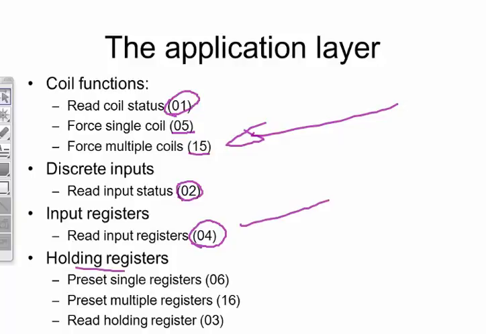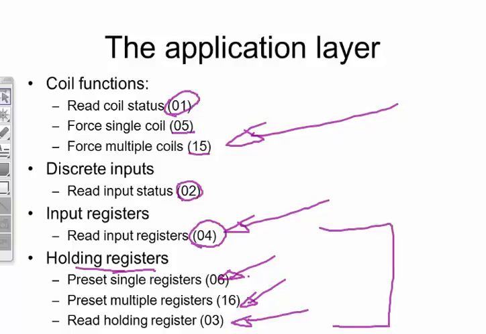We're not reading inputs, we're reading memory locations. So we can preset it, we can write out to a whole bunch of them, or we can read them. 3s and 4s, I mainly see those when I'm dealing with Modbus. Read inputs, read memory. Those are the two most common function codes I see.